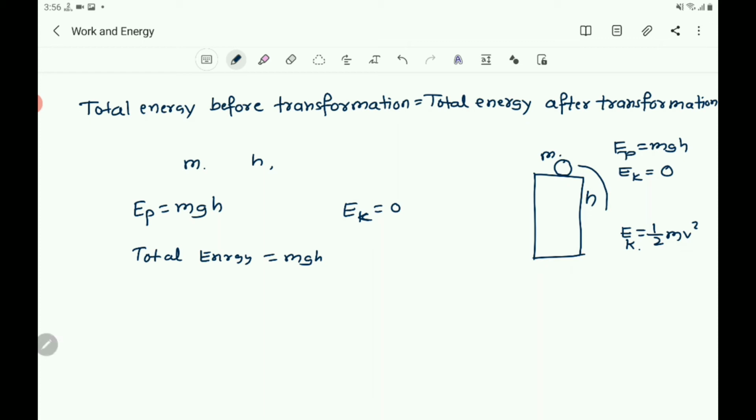Part of the potential energy converts into kinetic energy, but the sum remains constant. At the time of reaching the ground, the potential energy becomes approximately 0 and kinetic energy becomes maximum.